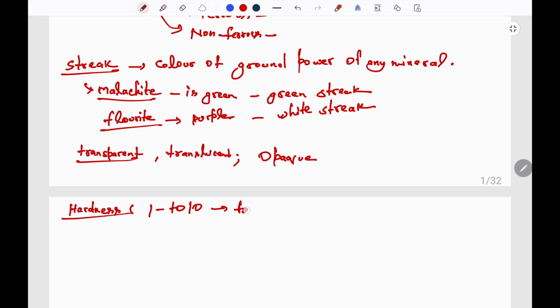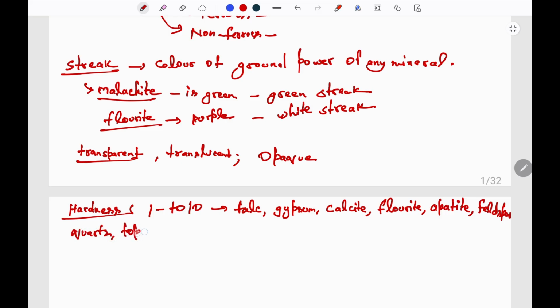So first one is talc, gypsum, calcite, fluorite, apatite, feldspar, quartz, topaz, corundum, and diamond.